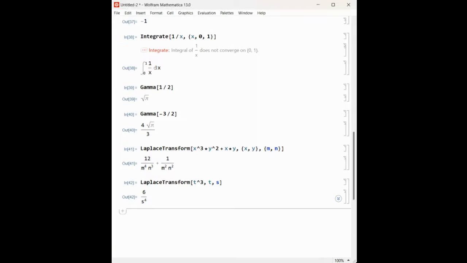So let's move on and show you the command for plot. Let's look at the plots.